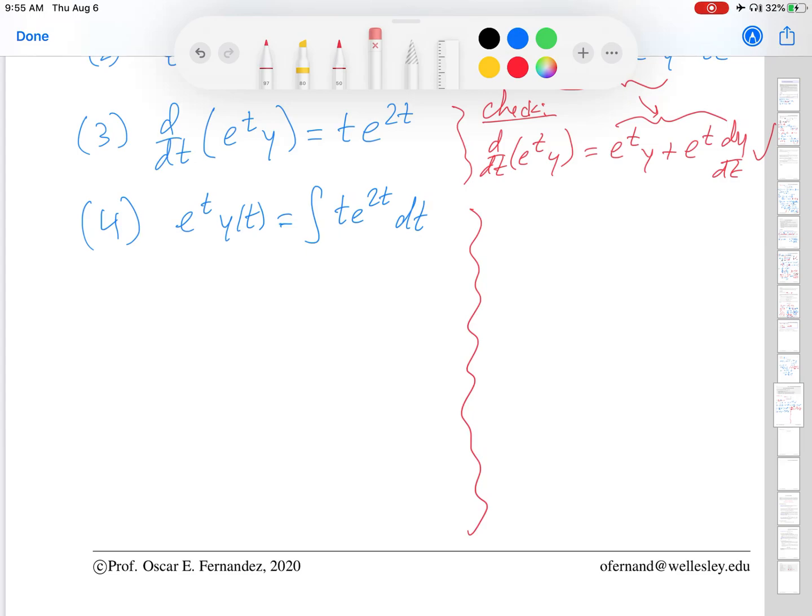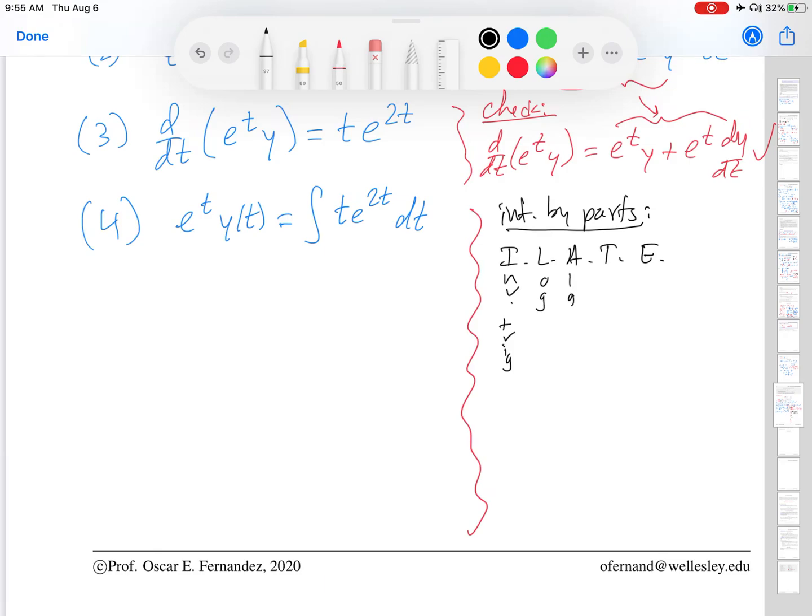So how do we pick our u for integration by parts? I'll give you a quick little mnemonic for this. The mnemonic is ILATE for choosing u. And this basically means inverse trig, logarithms, algebraic functions, trig, and then exponential functions.